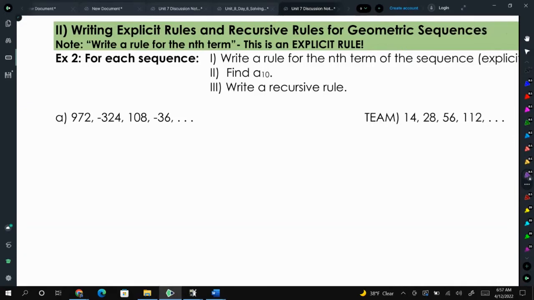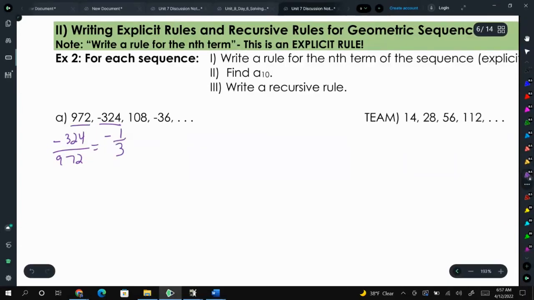So we are already told that these are geometric. So I'm going to do -324 over 972. That simplifies to -1/3. And if you are not told that this is geometric, then you should do this for all of your terms. 108 over negative 324.